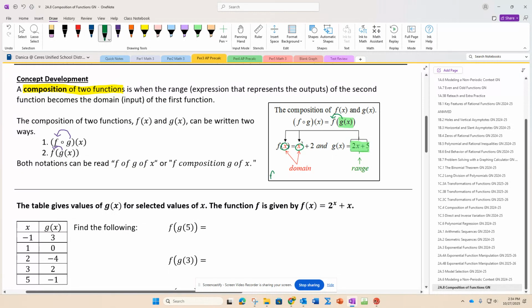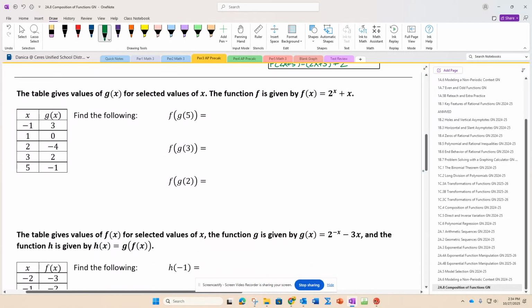And so this becomes f of 2x plus 5, which would become (2x plus 5) quantity squared plus 2. And then usually we would simplify that, do our algebra, multiply it out, combine like terms. But that starting place, plugging the second function into the first function where its x's are, is how we always begin.